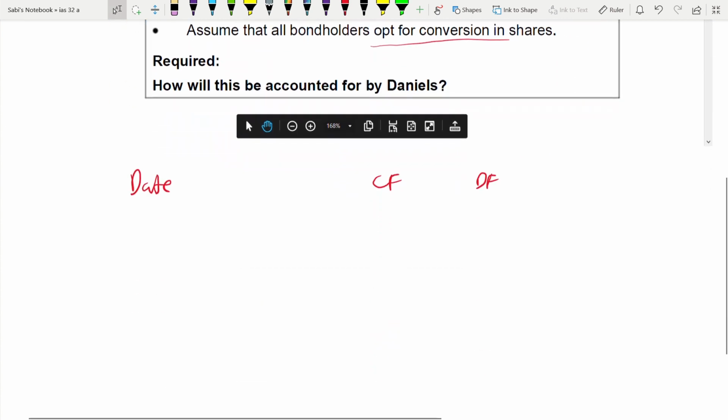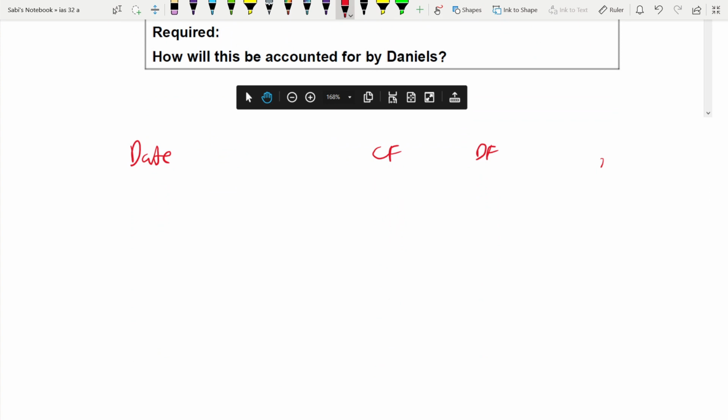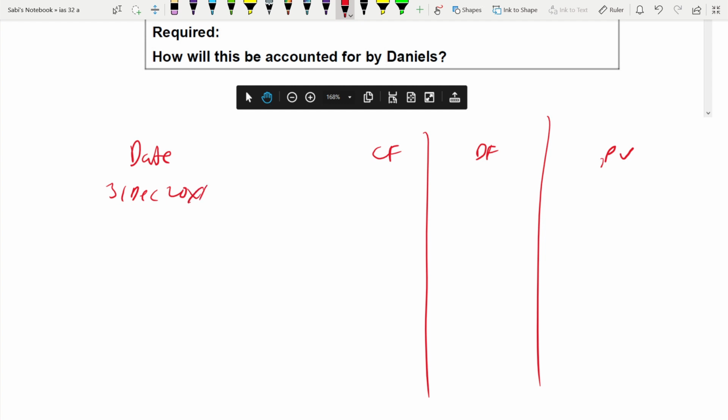And present value. Okay. Now, starting with 31st December 2001, at this date, you will be giving interest. Then 31st December 2002, also interest. 31st December 2003, also interest.